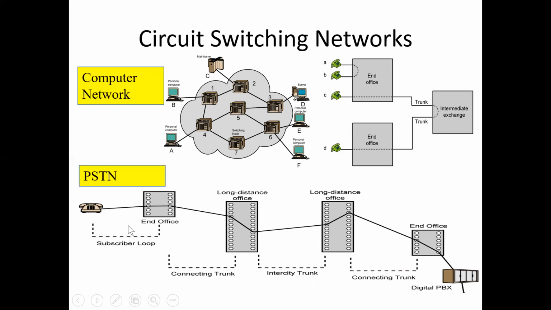That is the disadvantage. Here also, in the case of PSTN with digital PBX, there is a dedicated path going from one end office to long distance offices, and the three steps, establish, transfer, and release, happen in the case of circuit switching networks.